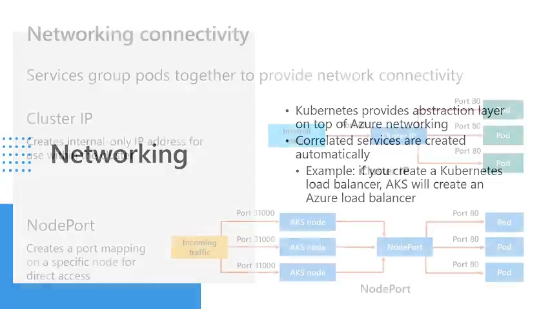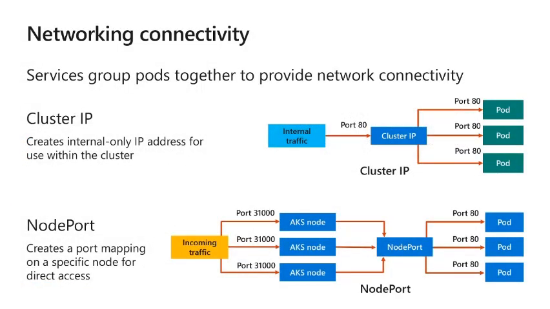Next is networking connectivity. To simplify the network configuration for your application workloads, Kubernetes uses services to logically group a set of pods together and provide network connectivity. The service types available are cluster IP and node port.